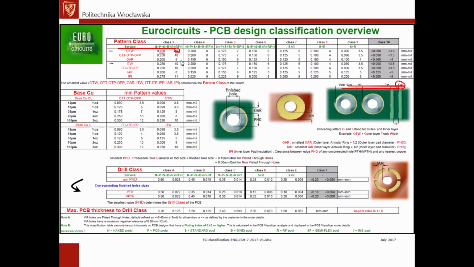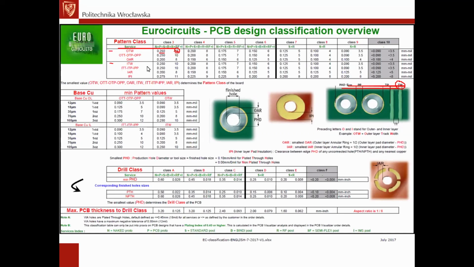The quality of the overlay and the mask layers is always weaker or worse than the quality of the copper. I think that's quite natural. Anyway, in some situations the ITW is different than the OTW, but only for some manufacturers. For this actual manufacturer, Eurocircuits, the ITW and OTW are the same.